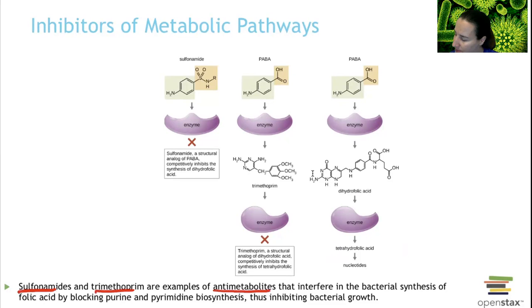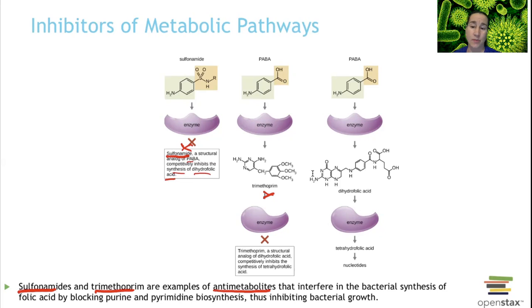They are anti-metabolites, so they are going to block, here we go, PABA. It's going to stop the synthesis of our folic acid. So depending on what it is, it will block it. The sulfonamide is going to block it right here, and then this drug is blocking it here, and eventually this one is going to block it over there.